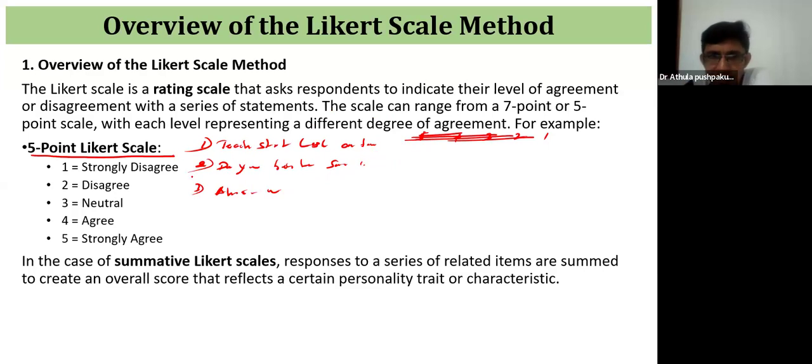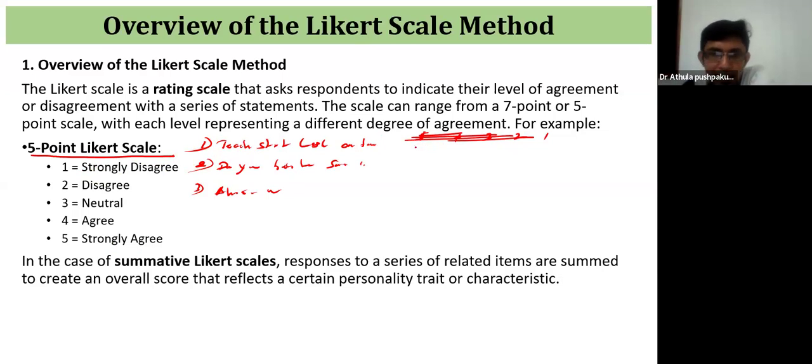A few statements given. Normally we wish to measure attitudes, right? Now we are trying to measure teacher performance, so we give questions like this. Some students, when concerned about this statement, answer strongly agree.